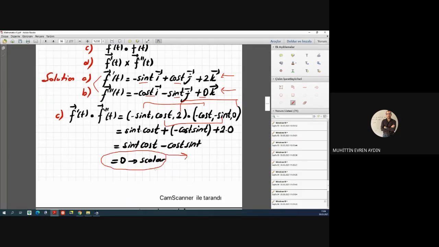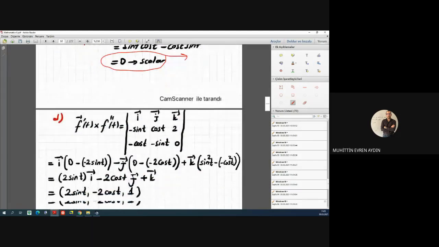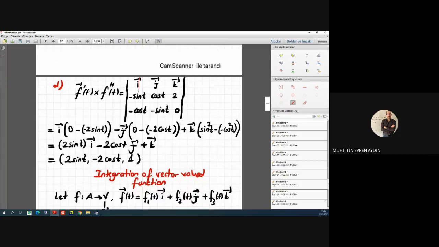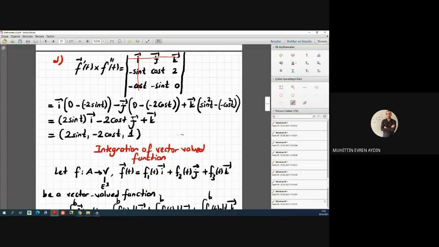Geometrically, this equality says that the first derivative is orthogonal or perpendicular to the second derivative. And for the cross product, if you apply the determinant formula, then you may easily obtain this vector valued function.